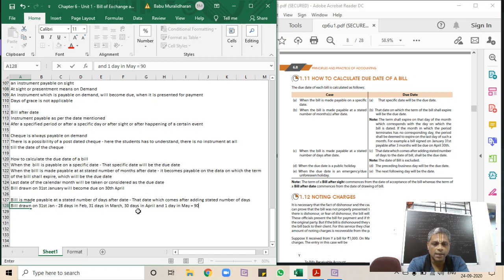That is 90 days. If the bill is drawn with a number of days, say 90 days after date, it means the bill drawn on 31st January will become due on 1st May. The most important thing is that the date of the bill should be excluded.